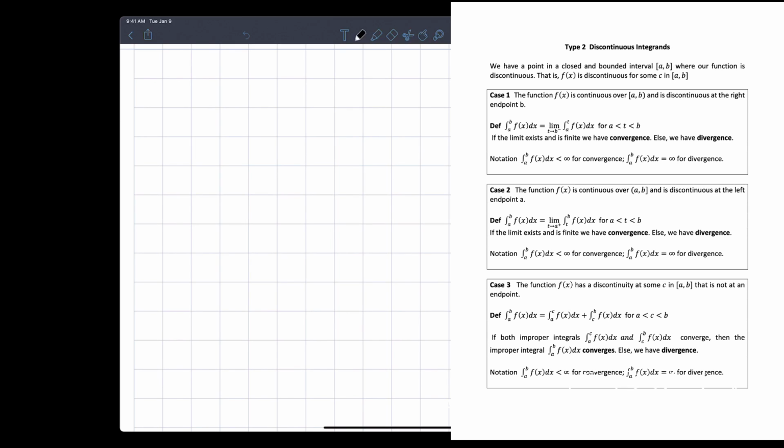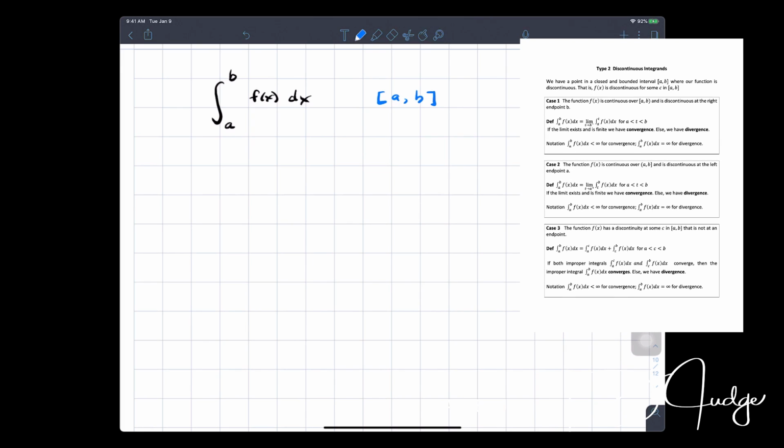Let's write this down so you guys know. Let's give you the general idea: you have an integral from a to b of your function, dx. Of course, this interval is a closed interval from a to b. This is how it's different. It is no longer going to be an endpoint that is positive infinity or negative infinity.